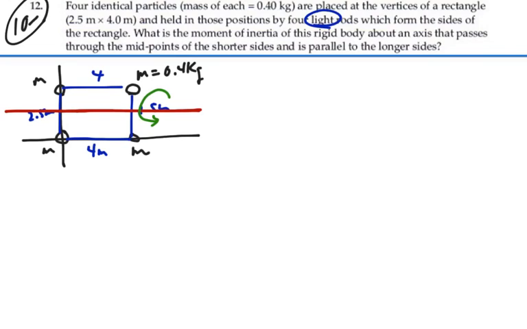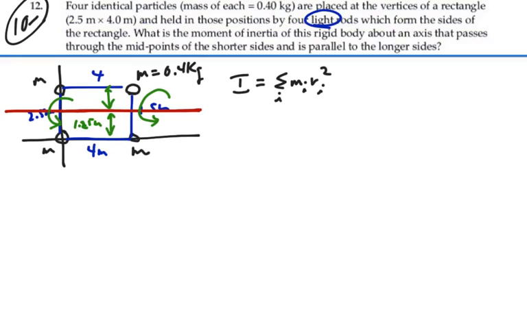Alright, if we set up our moment of inertia for point masses, that's a summation of every mass multiplied by its distance from the axis of rotation squared. Now in this case, each of our masses is actually going to be located the same distance away from the axis of rotation, which is going to be 1.25 meters.